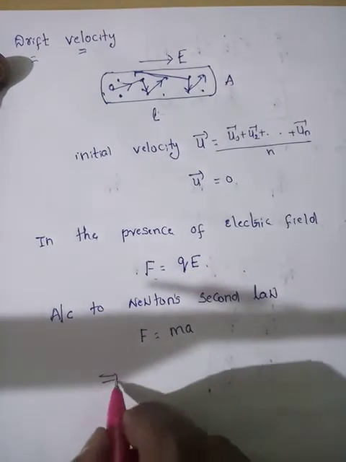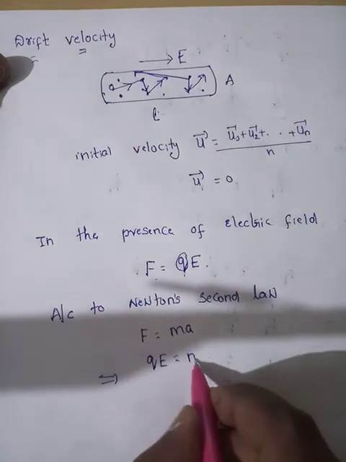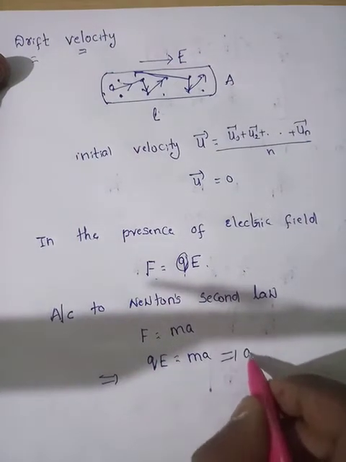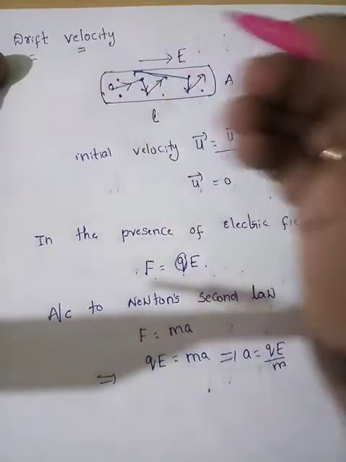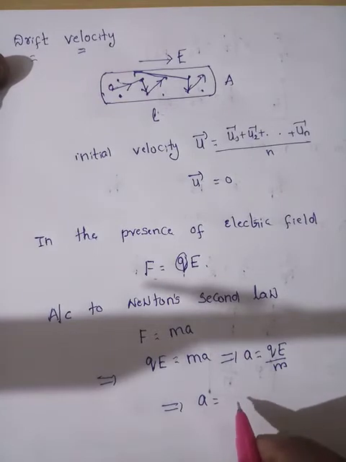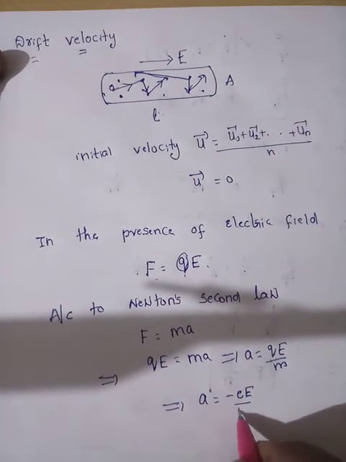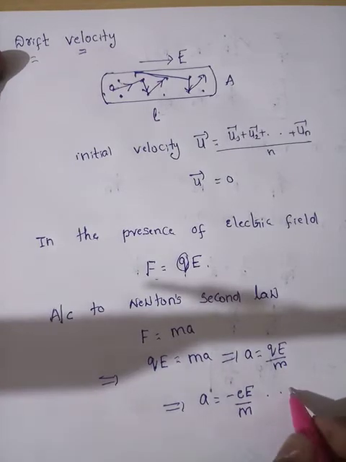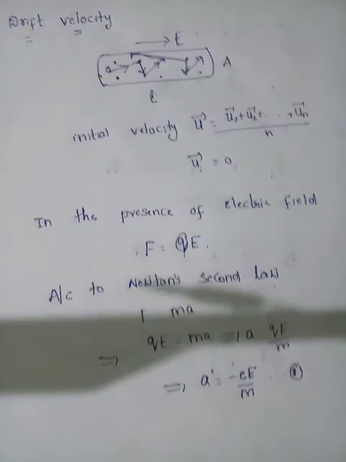From the above equations, QE is equal to ma, that implies a is equal to QE by m. What is the charge that is experiencing the force? Electron. So taking the magnitude of charge as minus e, a is equal to eE by m. So this is the acceleration gained by the electron in the presence of electric field.